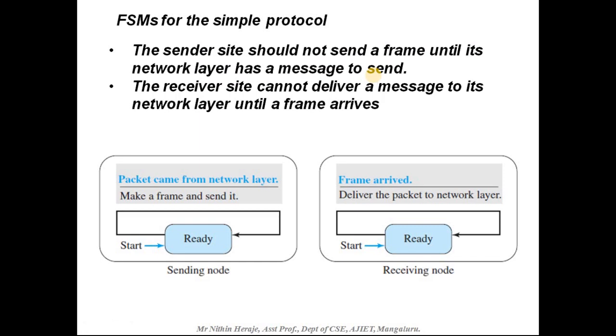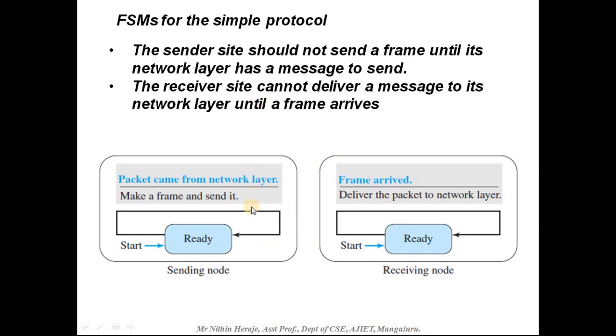Okay, so the sender end will not send any frames until its network layer has something, that is a message or information to be sent to the other end. In the receiver side it cannot deliver a message to its network layer until a frame arrives. So until it has received any frames in the data link layer, it cannot send packets to or deliver a message to the network layer.